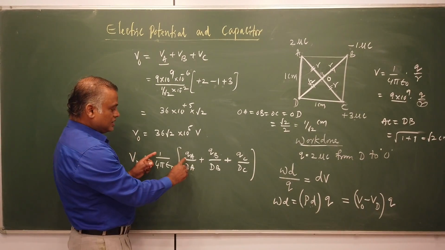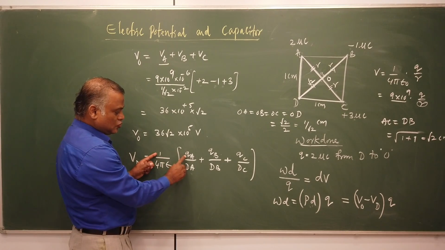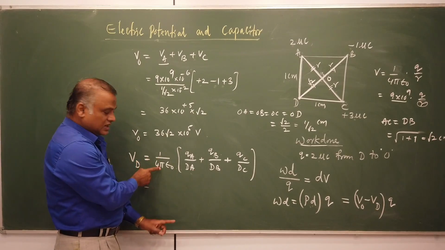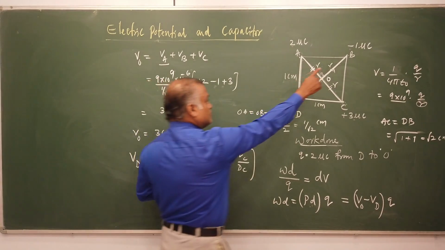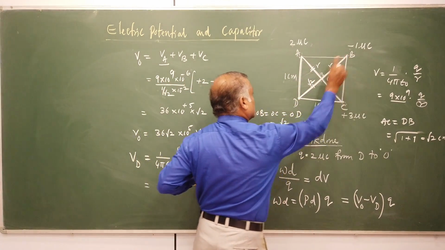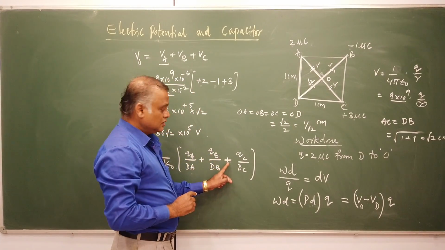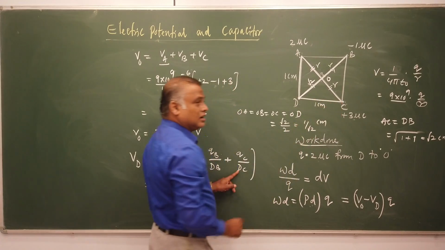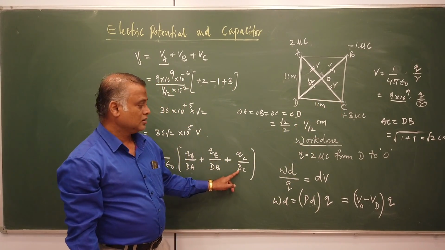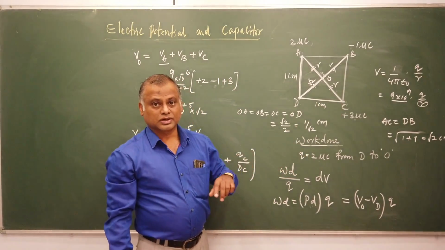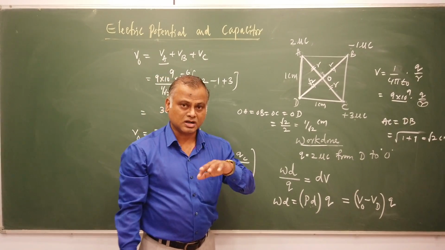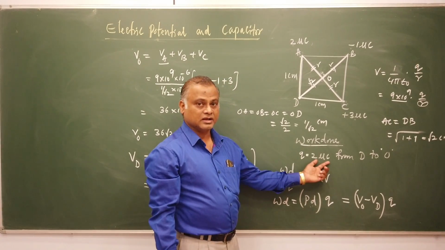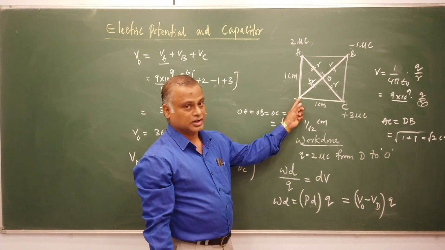Potential at D is 1 by 4 pi epsilon naught, Q by dA plus, this is taken as common, charge at B divided by distance dB plus charge at C divided by dC. I told you in the beginning, not all the students, but a few students who do not follow our steps make mistakes. The charge being carried, do not place it at this point.